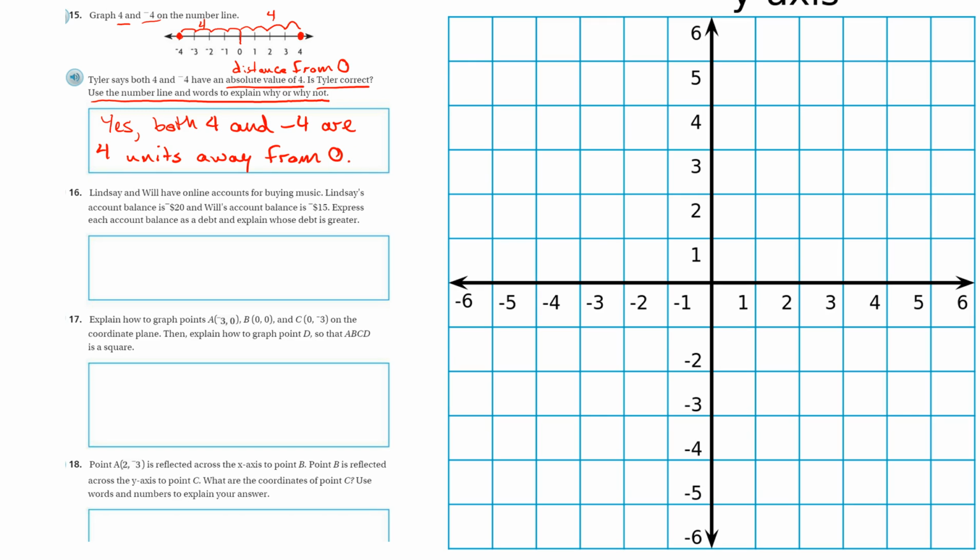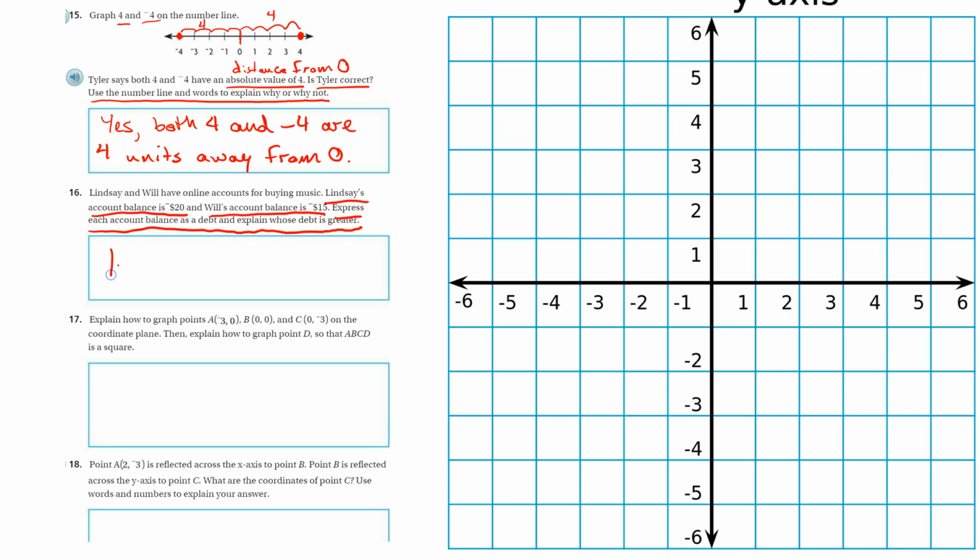All right. Number 16, Lindsay and Will have online accounts for buying music. Lindsay's account balance is negative 20. Will's account balance is negative 15. Express each account balance as a debt and explain whose debt is greater. Okay, so since we're looking at debt, debt means who owes the most.